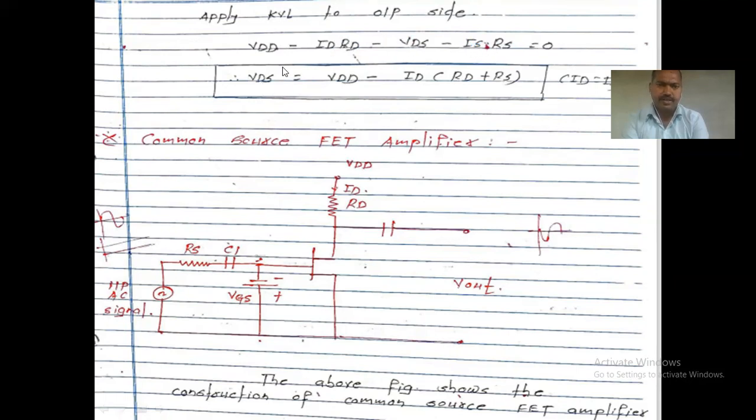Here VDS equals VDD as it is, minus ID RD and IS RS. Since IS is ID, we take ID common: ID of RD plus RS, not minus. Because when ID is taken common, the minus sign stays outside and inside the bracket it is plus. So VDS equals VDD minus ID in a bracket of RD plus RS.